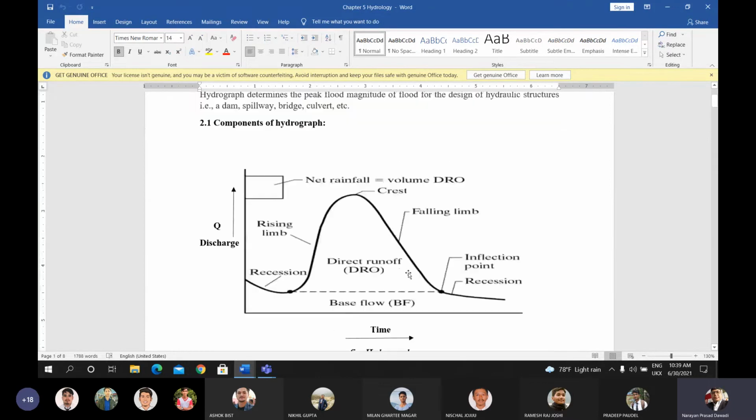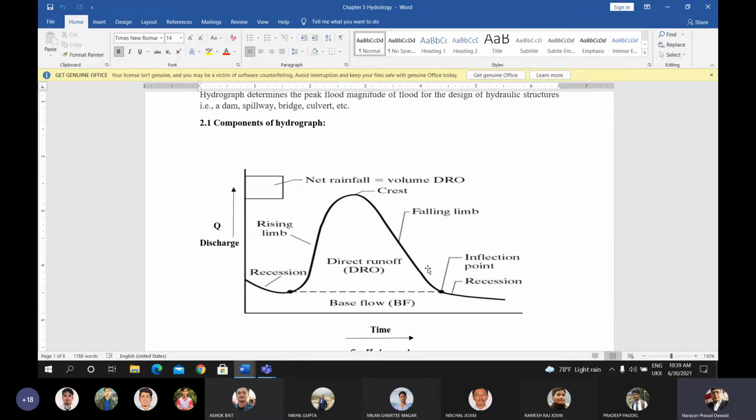Now the time of concentration. Time of concentration is the total time taken for water to flow from the farthest point of the catchment to the river outlet.